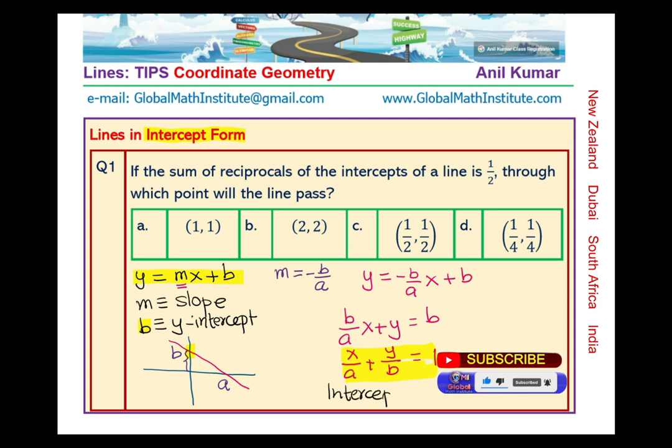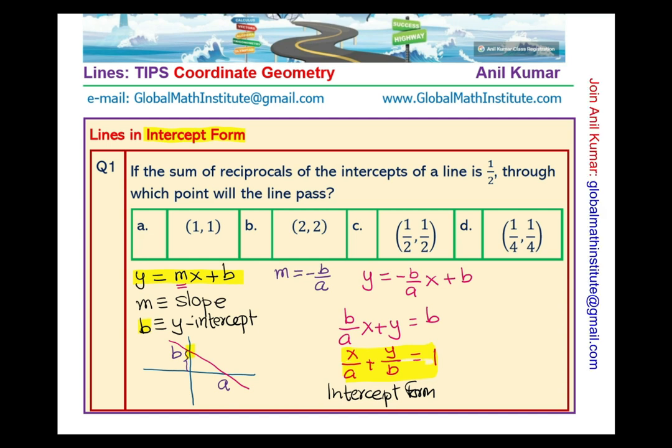So you're clear. We have the equation of a line y equals mx plus b, which is the slope-intercept form, and the other form is x over a plus y over b equals 1, which is the intercept form. In solving this question, I will take the intercept form and move forward and show you how easily we can solve it.